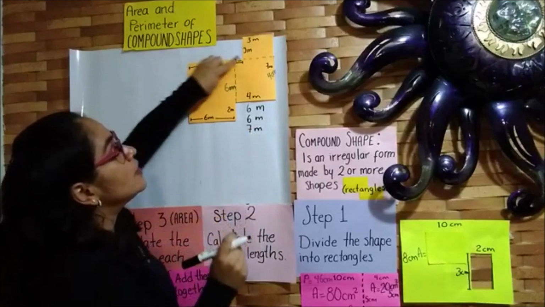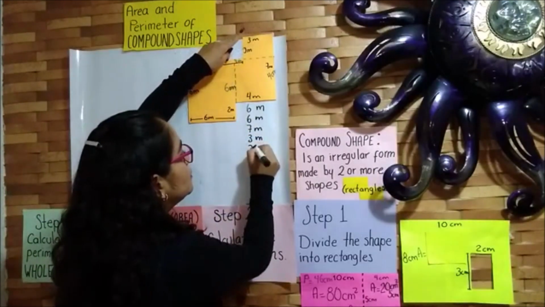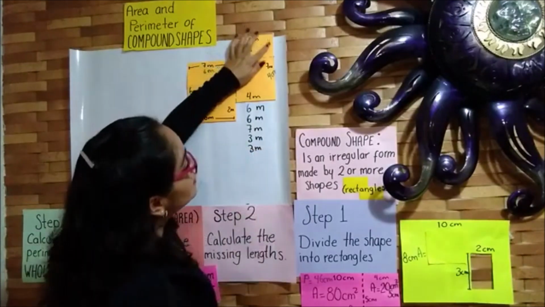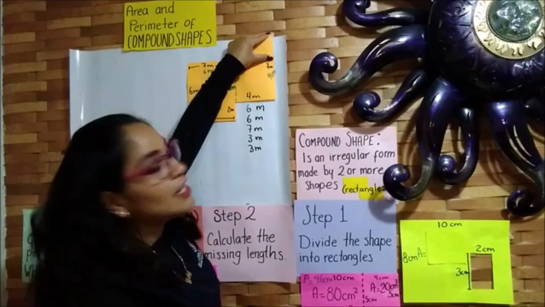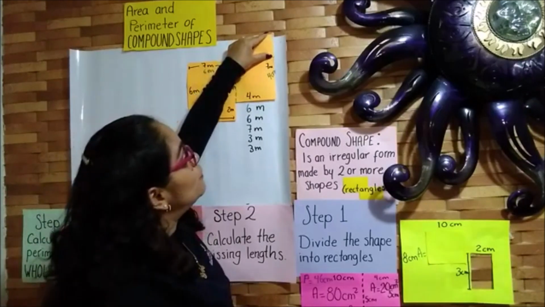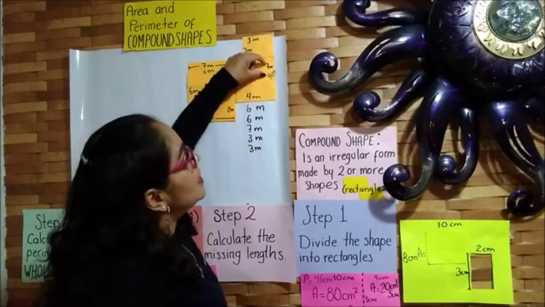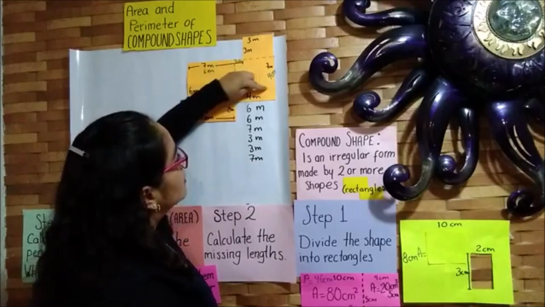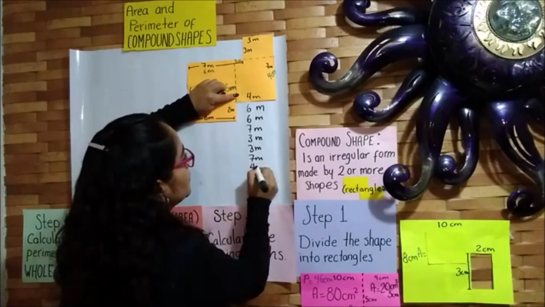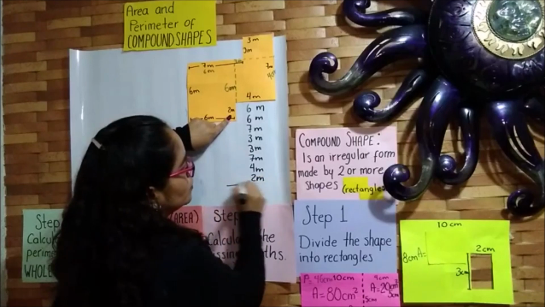7 meters. 3 meters. 3 meters. In this case, it's the same. From here to here, it measures 4. So that means that we have 3 right here, or we can have just the 7. That is our total. Then 4, and finally 2.